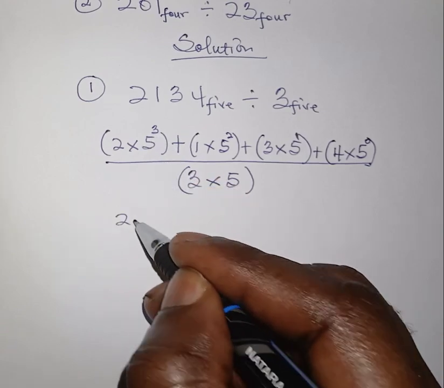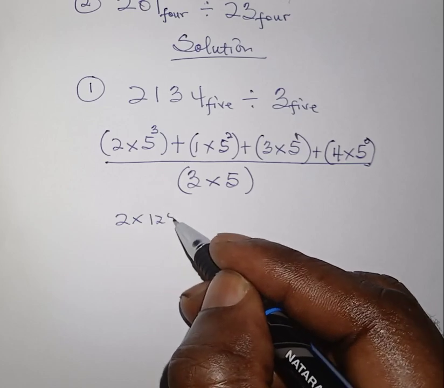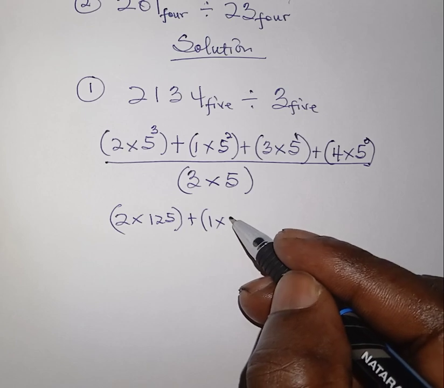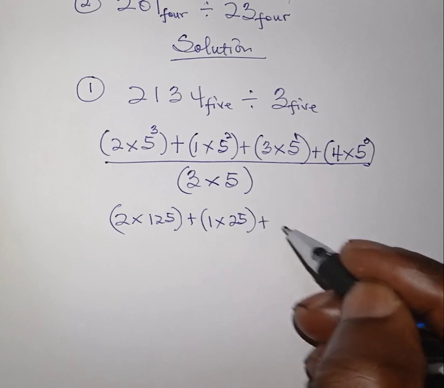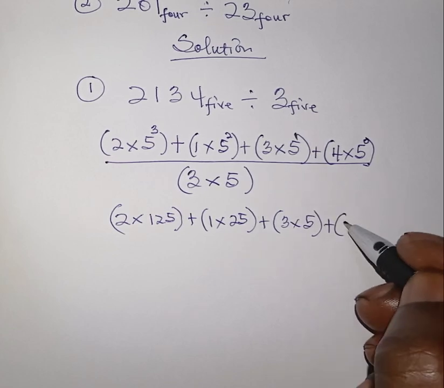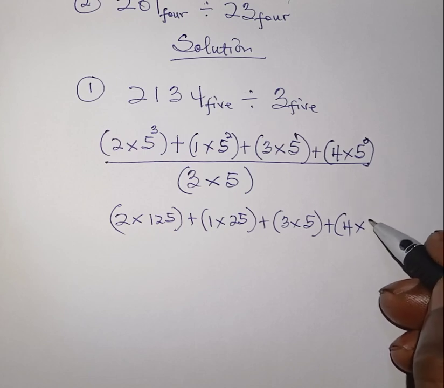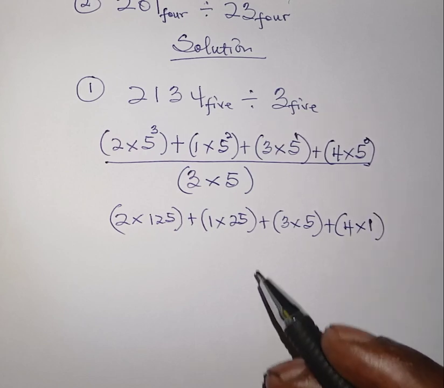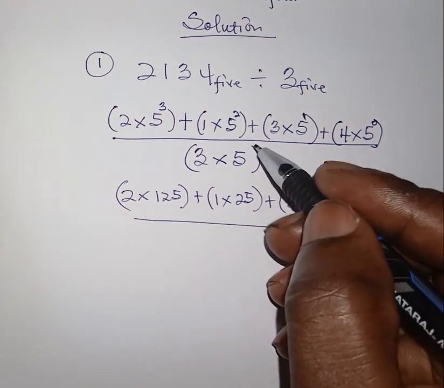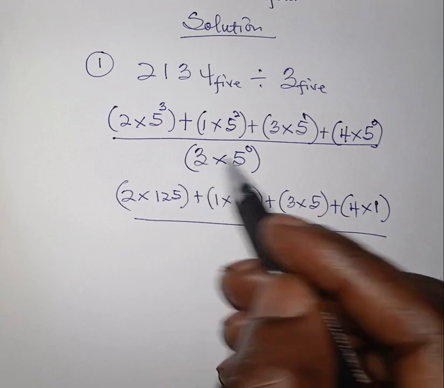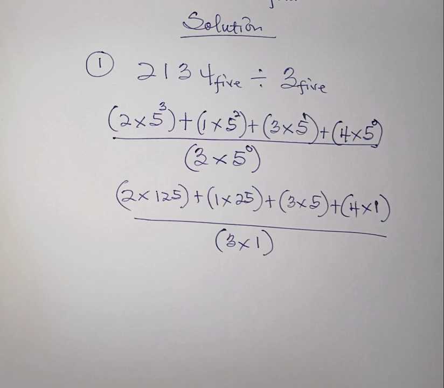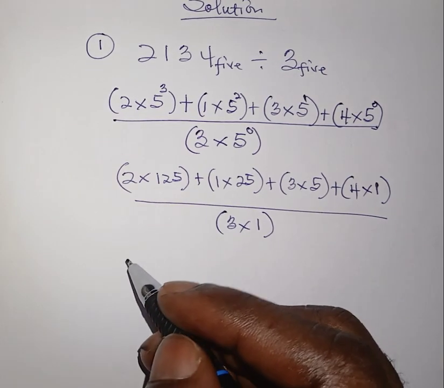So we have 2 times 125 plus 1 times 25 plus 3 times 5 plus 4 times 1. Any non-zero number exponent 0 gives you 1. So we have this divided by 3 times 1. Great.